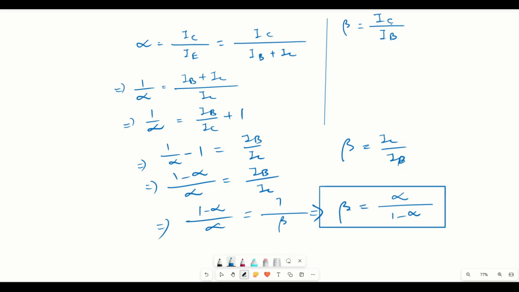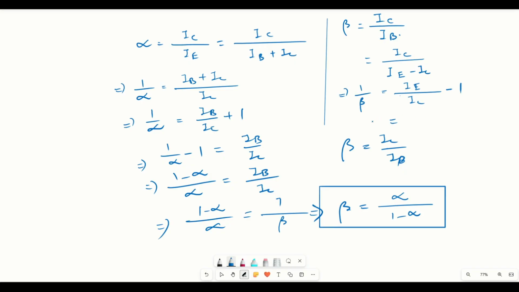Alpha is given by IC by IE, so we have to replace this term IB. IB will be given as IE minus IC. So now 1 by beta is IE by IC minus 1.